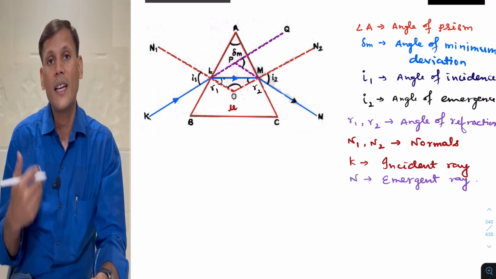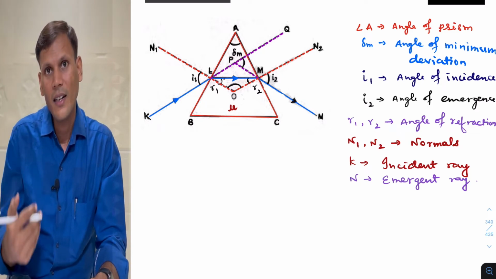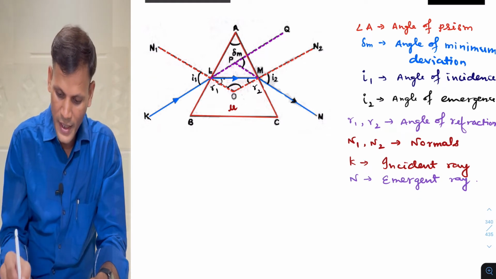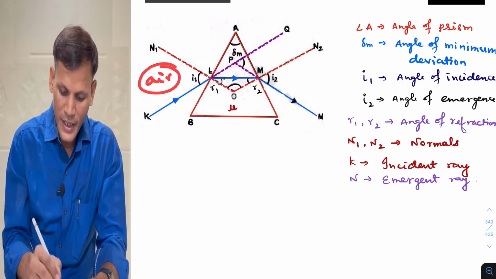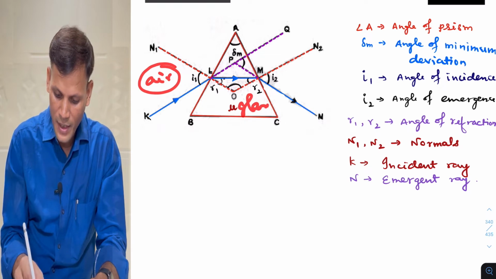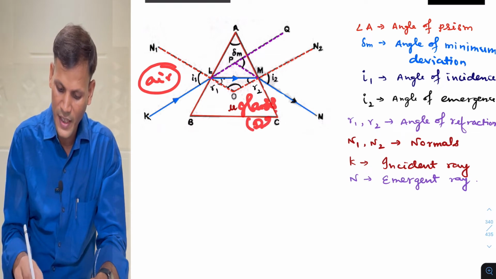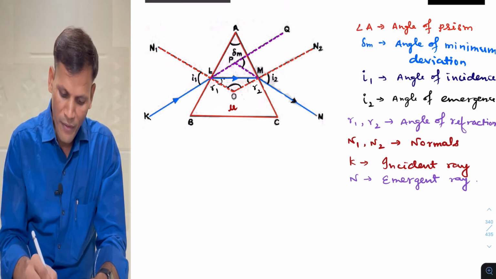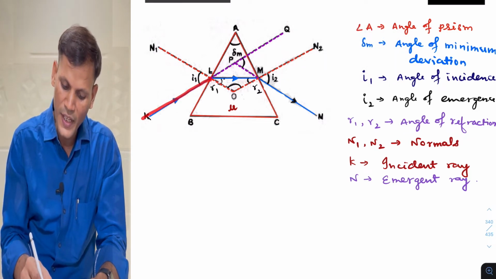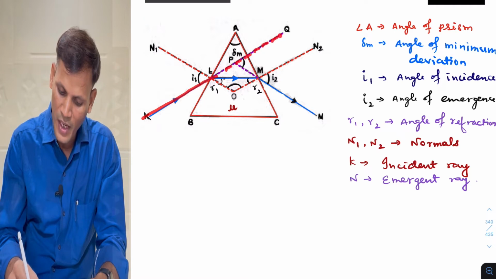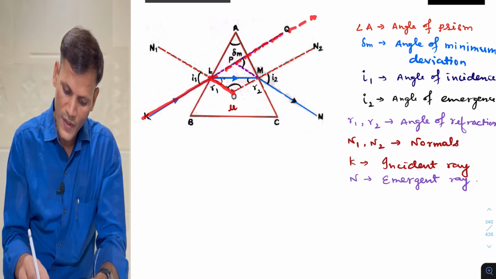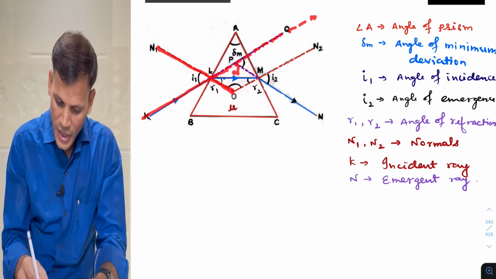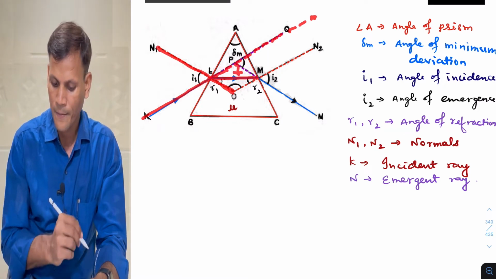So air is the rarer medium, and the prism is made up of glass, which is the denser medium. If any beam of light passes from rarer to denser medium, its actual path must be like this, but it bends towards the normal. This is the normal, so it changes its path and comes over here.